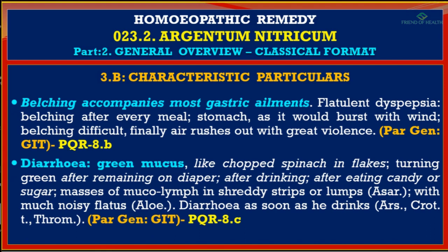We have diarrhea, which has green mucus like chopped spinach in flakes, turning green after remaining on the diaper, after drinking, after eating candy or sugar, masses of muco-lymph in shreddy strips or lumps, with much noisy flatus, diarrhea as soon as he drinks. So please, we have comparison at each particular point: Asarum, Arsenic, Croton tig, Thuja. So these are the medicines that need to be evaluated and compared.